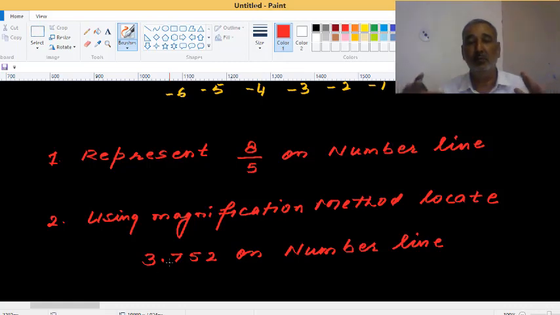At least you have to take 10 points between 3 and 4, then point 3.7, then you have to stress 3.7 and 3.8, and you have to take 10 parts between them, and now stress 3.75 and 3.76. Do you need hints? I'm taking some hints for you.